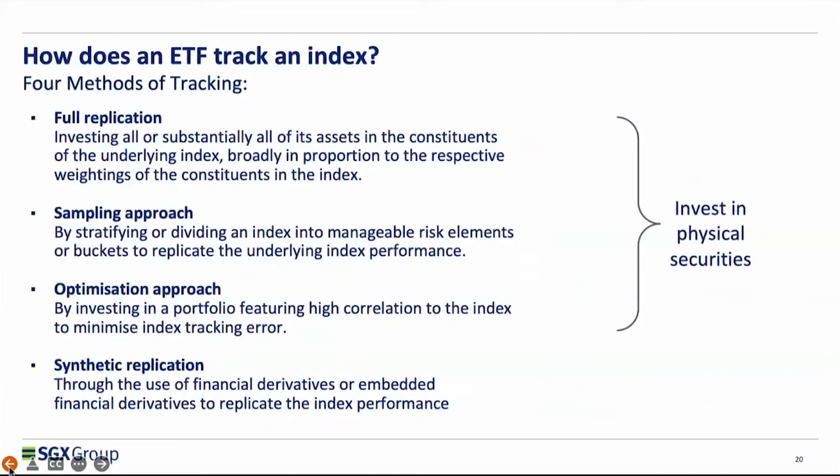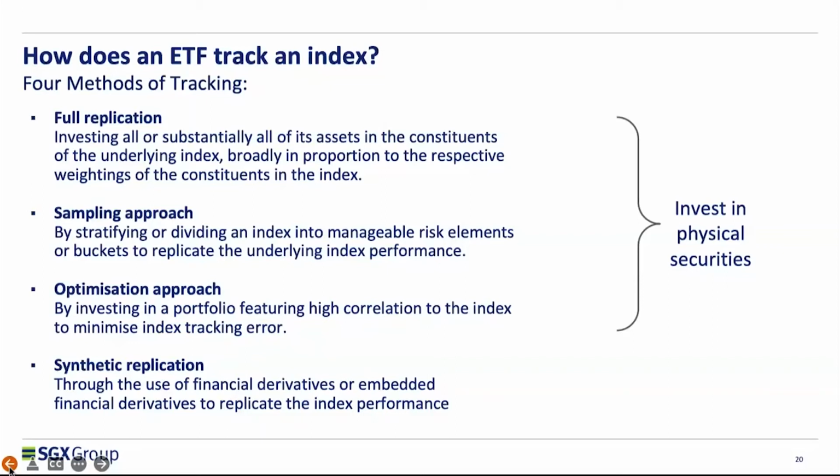Now, for example, if you look at our STI index, the FTSE STI index, it's made up of 30 component stocks in various percentages, right? The two ETFs that we have that are listed on the SGX are based on what is termed the full replication method.